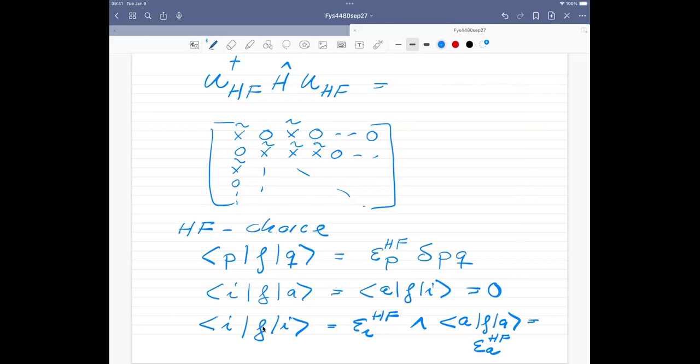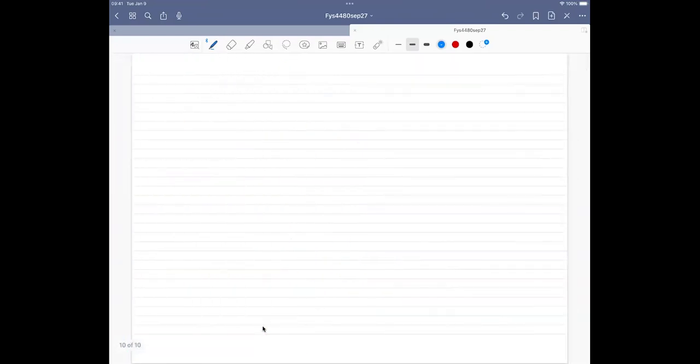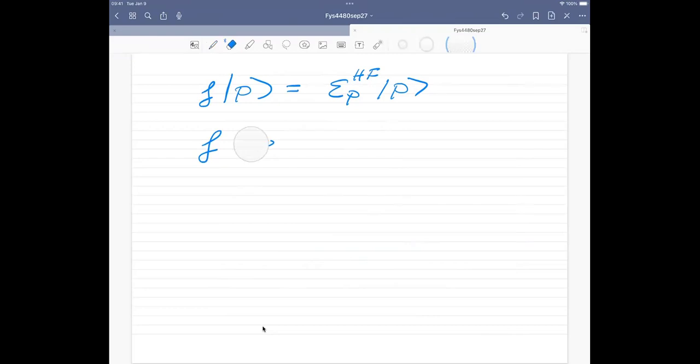So what I'm requiring now is that F acting on a state P is equal to some eigenenergy multiplied with an eigenstate. And then I simply call this F, not an implication sign, but an arrow. This becomes now the Hartree-Fock operator.